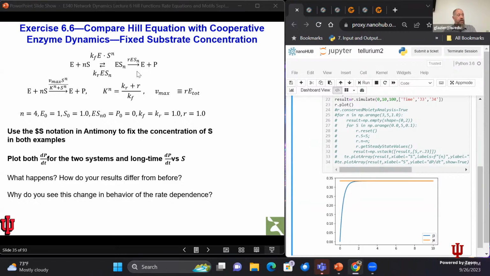Once it's made it, the rate of production of P is constant. And so what we see at the blue is the time it's taking to make that complex. It's the time it's taking for the enzyme to bind 4 molecules of S. And so what we're seeing is that initial equilibration between E plus SNS and ESN. That's what this blue curve is here.